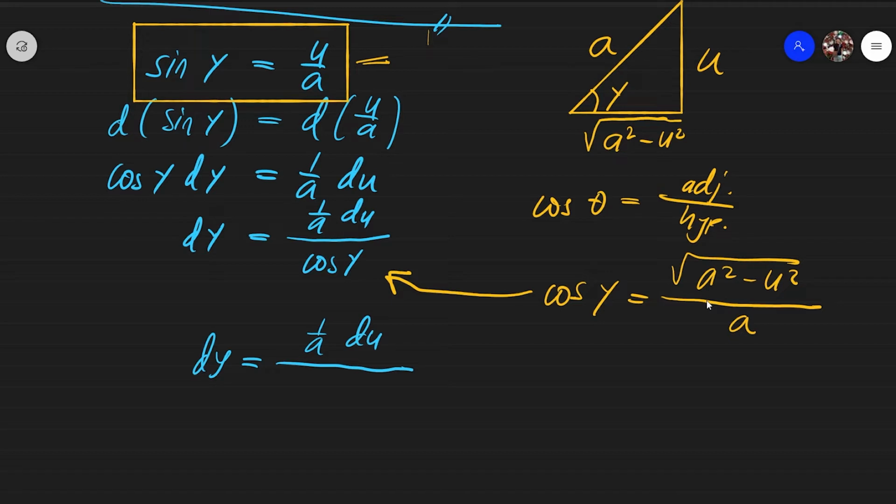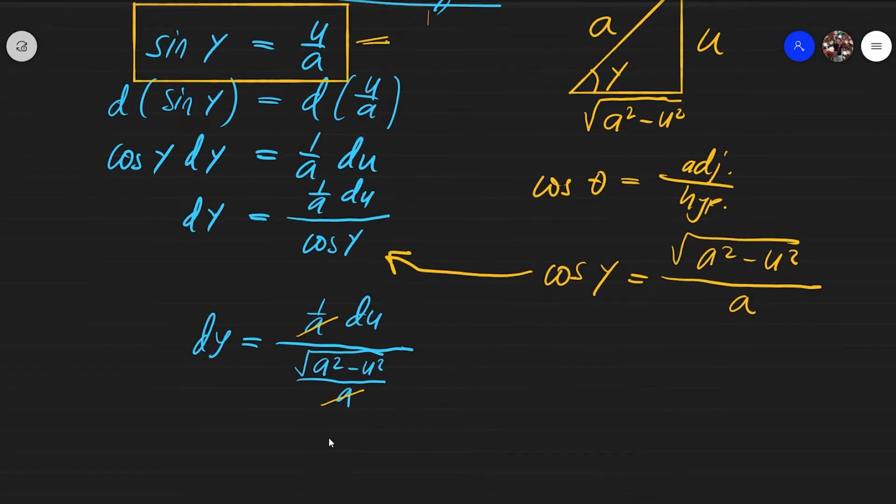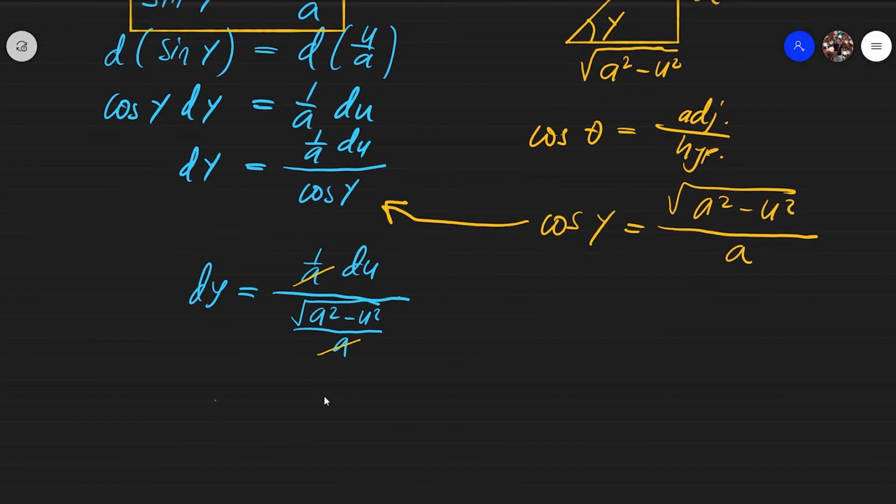Simplifying this further, the a will cancel out, and what remains is du all over the square root of a squared minus u squared.